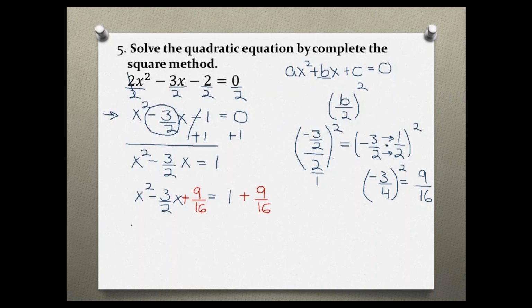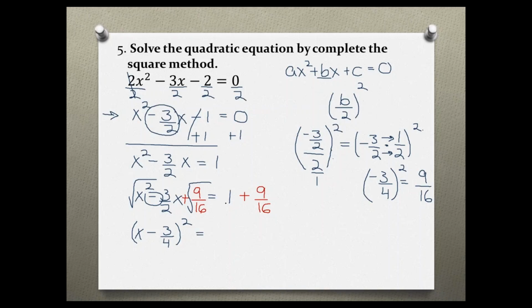Now I can factor my left side as a perfect square trinomial, so I have x minus 3 over 4 squared. Remember, you're square rooting the first term, you take the first sign, and you're square rooting the third term. So x, the minus sign, and then the square root of 9 over 16 is 3 over 4.